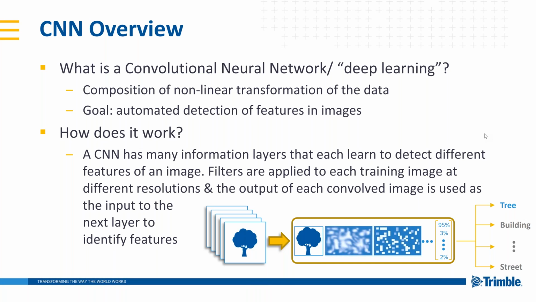And from this, we derive what is called a heat map, and this gives us an indication on a scale of 0 to 1 if that object is found within the image. So in this case, that high value, 95% or 0.9 in this layer, would be a very strong match for this tree patch that we've loaded.